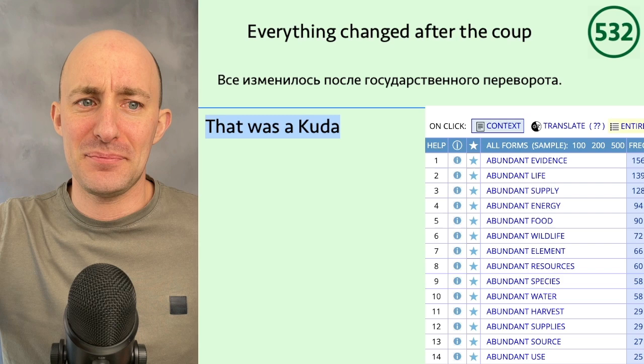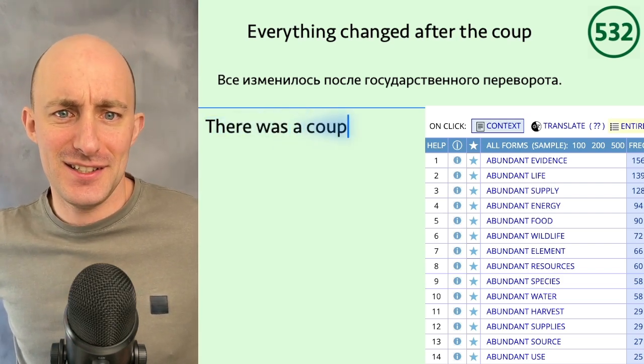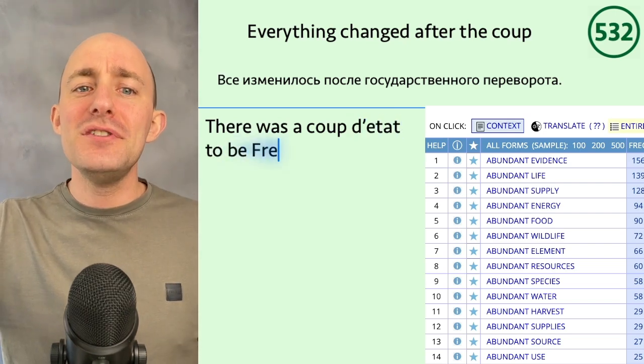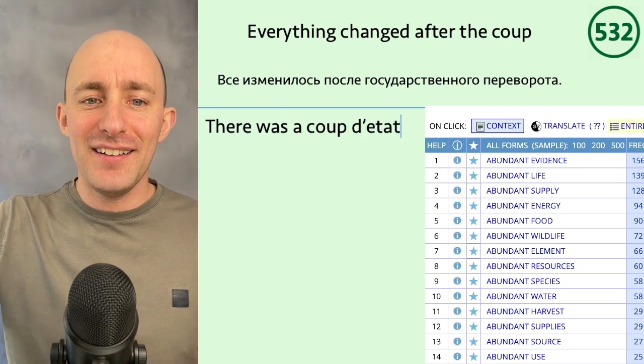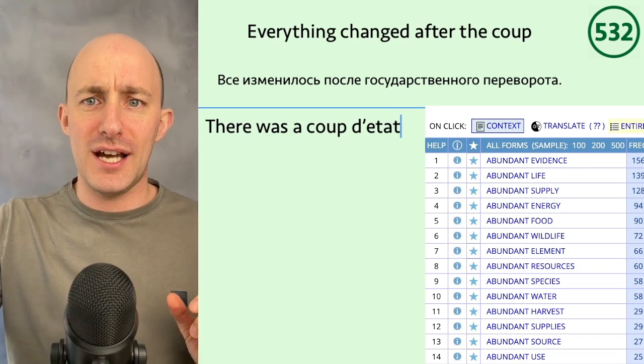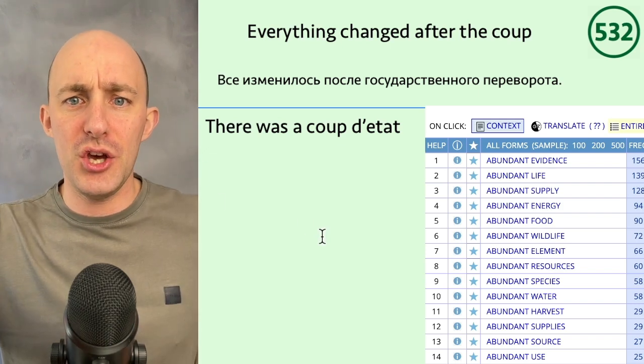No, maybe I need to pronounce the T at the end. There was a coup d'etat. It doesn't work. It's supposed to be French. Coup d'etat. But usually we miss out the French bit. Stop typing. Stop it. There was a coup d'etat. There was a coup. A coup.